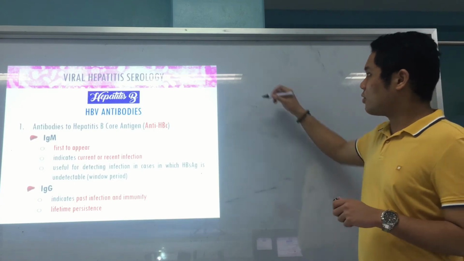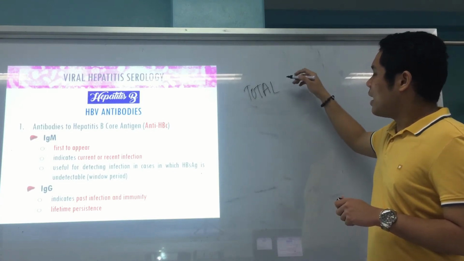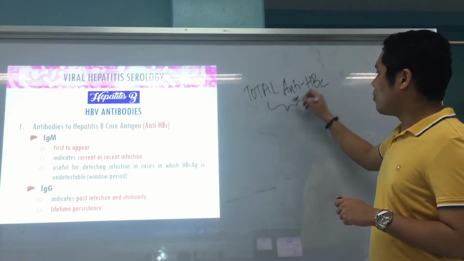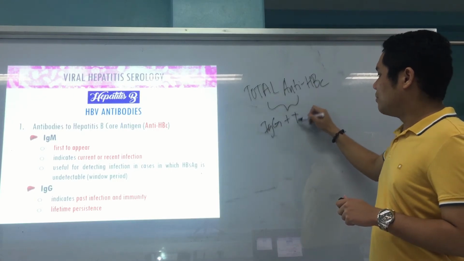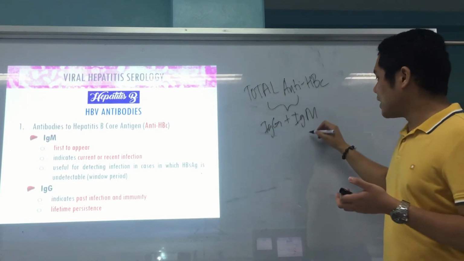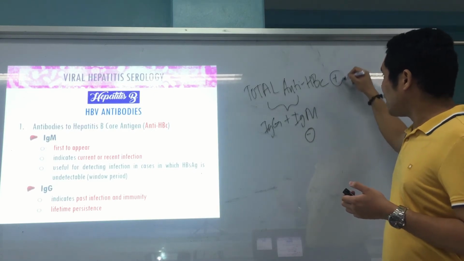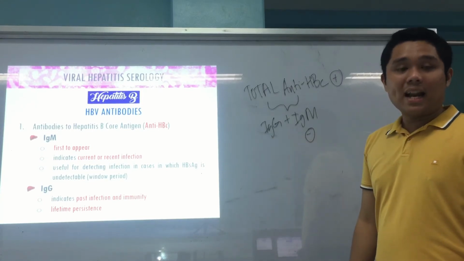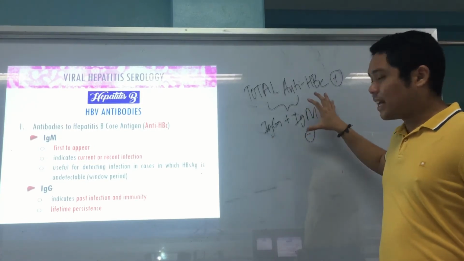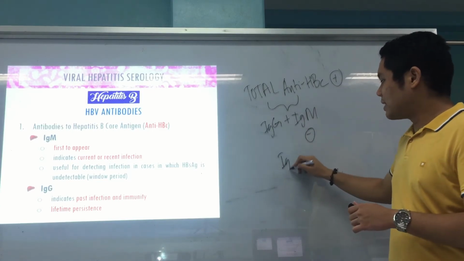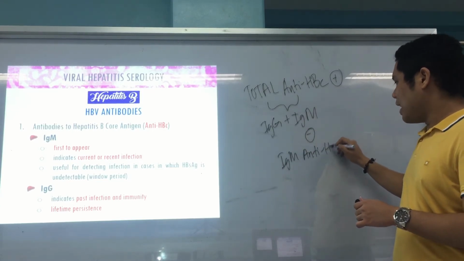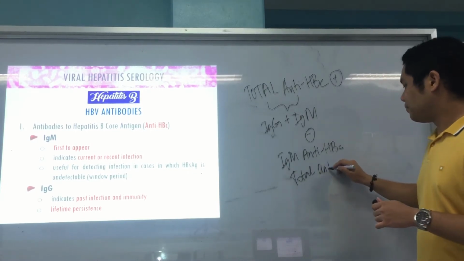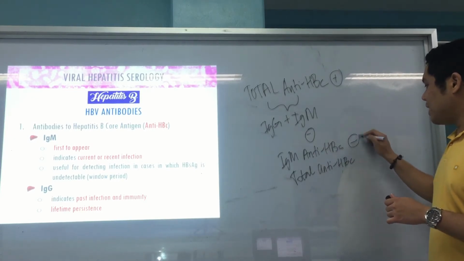And for anti-HBc also, we test again, same with anti-HAV, total anti-HBc. So when you say total anti-HBc, again, it combines your IgG and IgM. It could be that the IgM is negative, but the total anti-HBc is positive. It means that you already have the IgG anti-HBc. For example, you were tested separately for IgM anti-HBc, and you also have a total anti-HBc. The IgM result is negative but the total is positive.